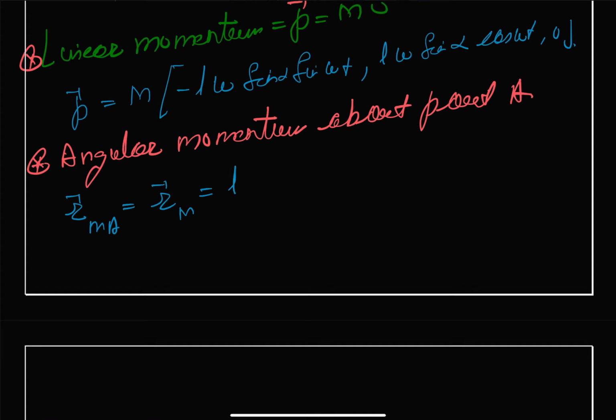So we get L sine alpha cos omega t, comma L sine alpha sine omega t, and minus L cos alpha.